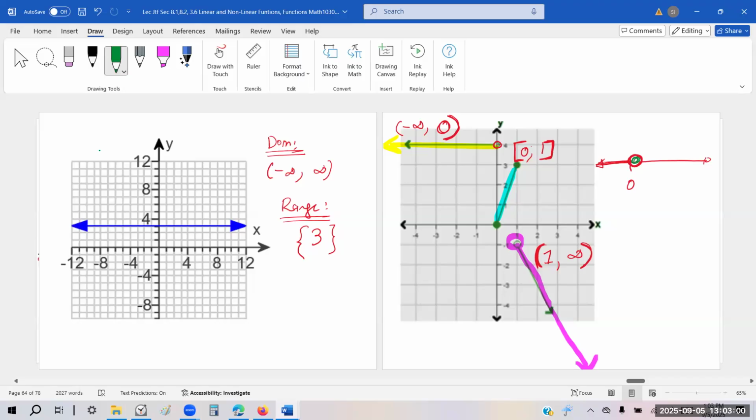Exactly from 0, and then it goes until 1, right? Negative infinity to 0, and then exactly 0 to 1. So for 0 and 1, it's not lonely anymore. It has its partner y. And then when it reached 1, it goes forever on to positive infinity.